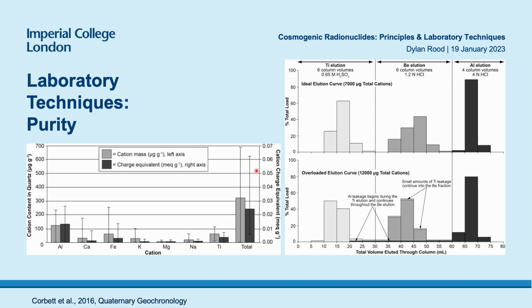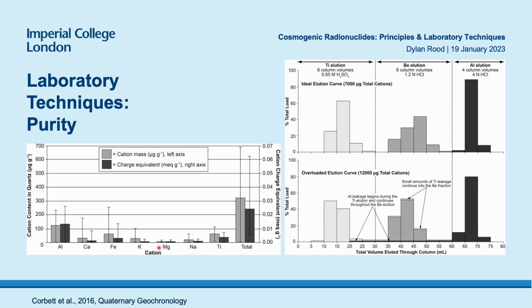But more importantly, on the right-hand axis is what that is equivalent to in terms of how the ion exchange columns think about it, which is the milliequivalents, which takes into account both the atomic number and the charge of the ion in solution.